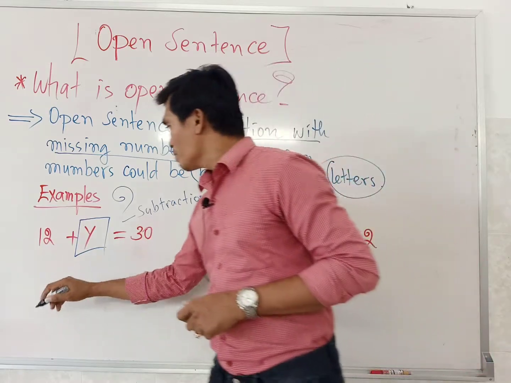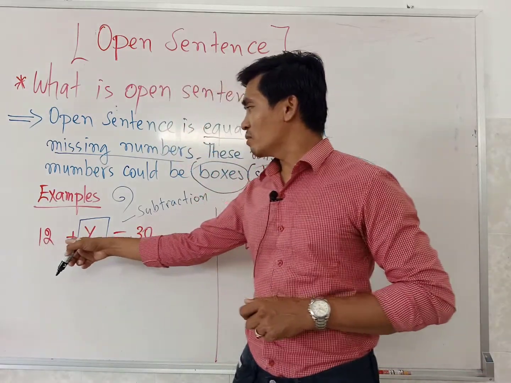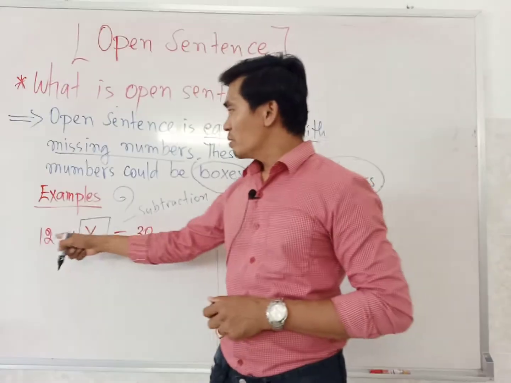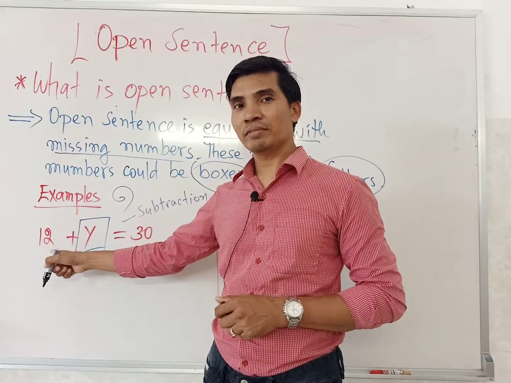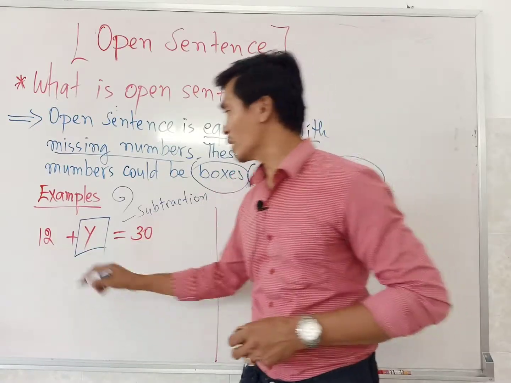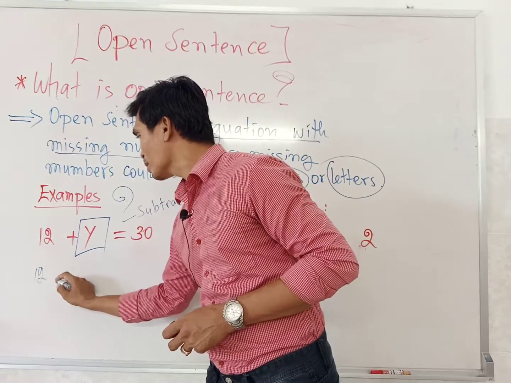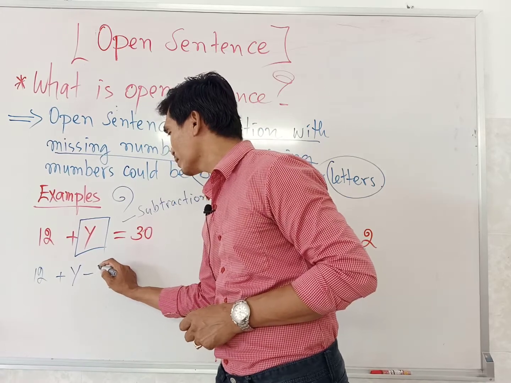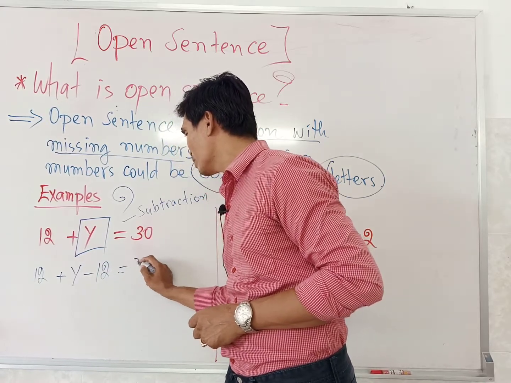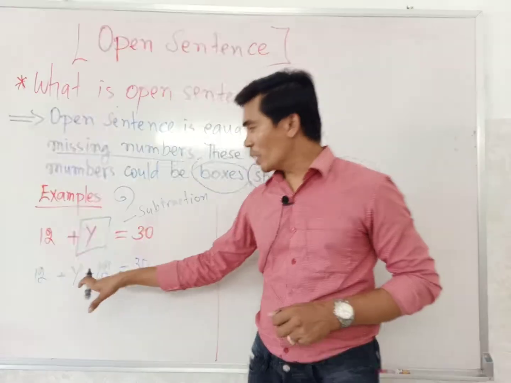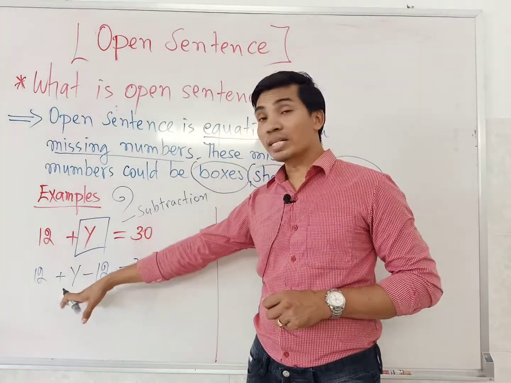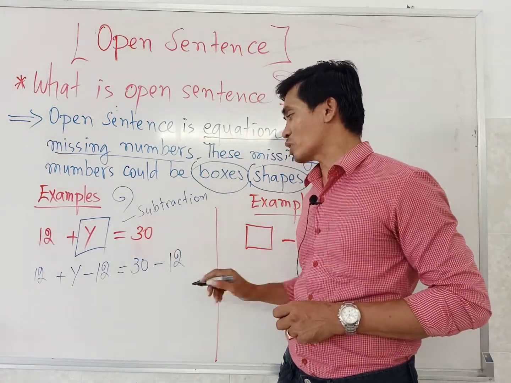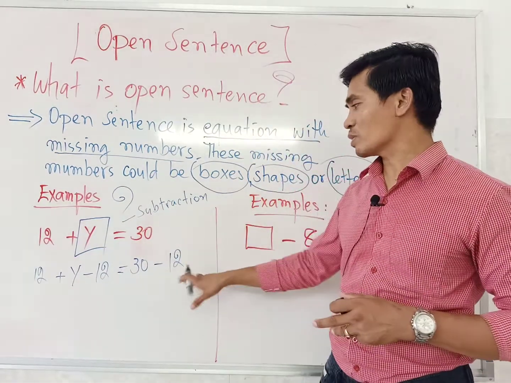First, we have to remove 12 from this side. This 12 is positive. So you can say 12 plus y, subtract 12, equals 30. When you use the subtraction method and this side subtracts 12, you have to subtract 12 on the other side also.